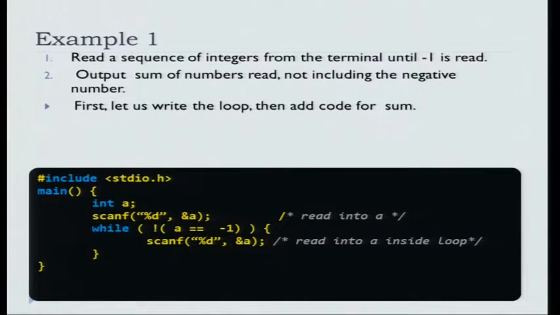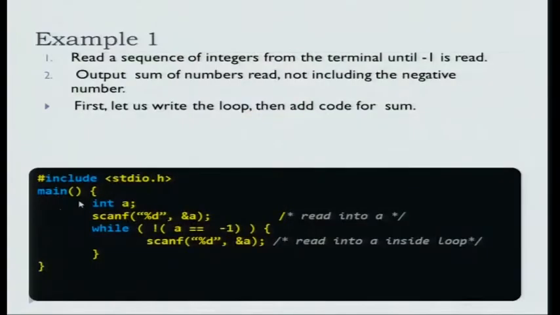Let's first introduce a very simple loop which will do only the basic thing of reading the numbers until a -1 is encountered. How do you write the loop? You have stdio.h, and then you declare an integer variable and read the variable. This is supposed to be the first number. If that number is -1, then you don't have to read any more numbers.